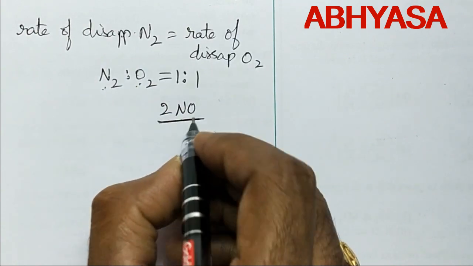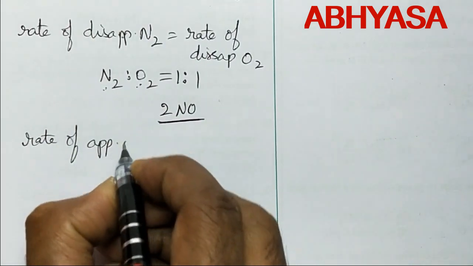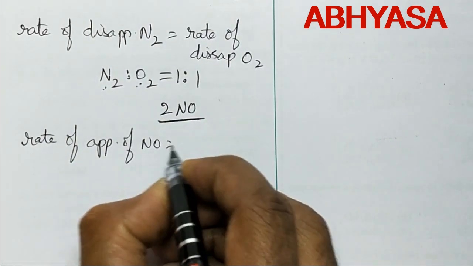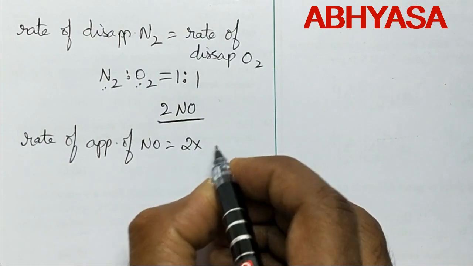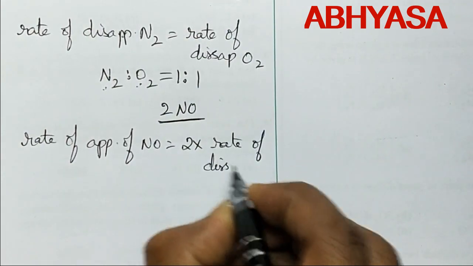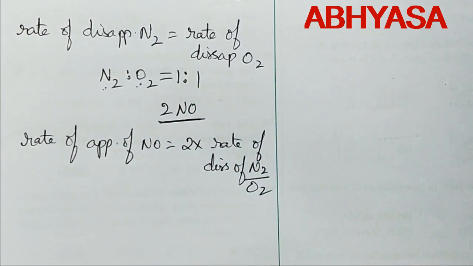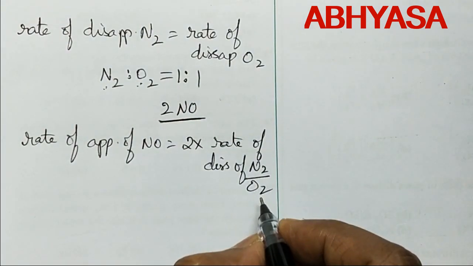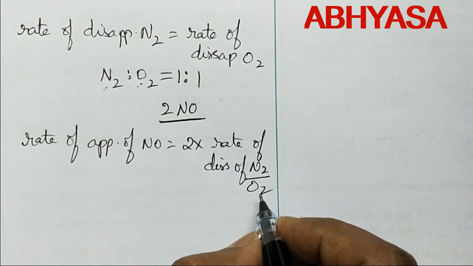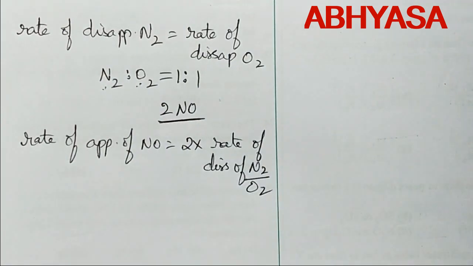The rate of appearance of nitric oxide is twice the rate of disappearance of nitrogen or oxygen, because nitrogen and oxygen are disappearing at the same rate, but nitric oxide appears at twice this rate.